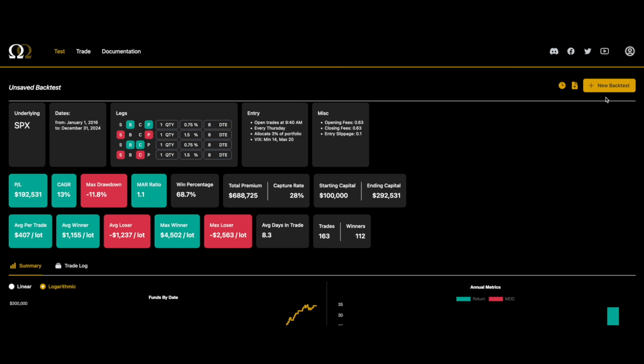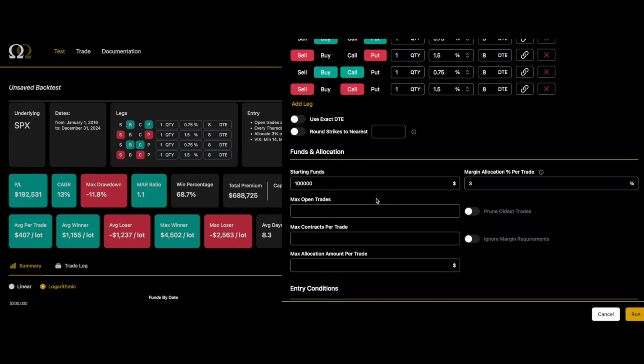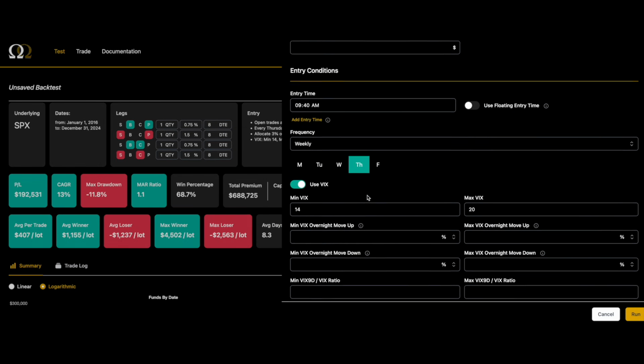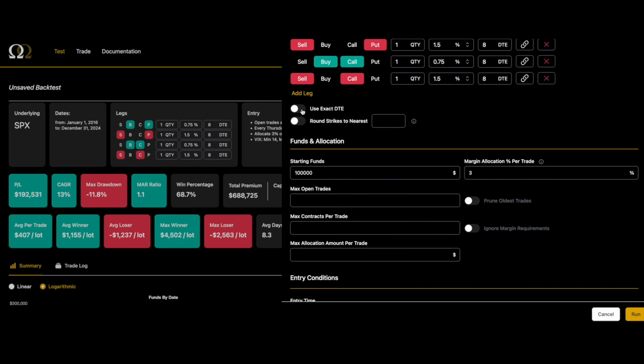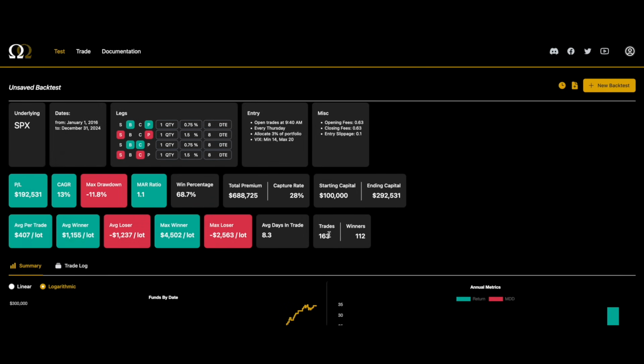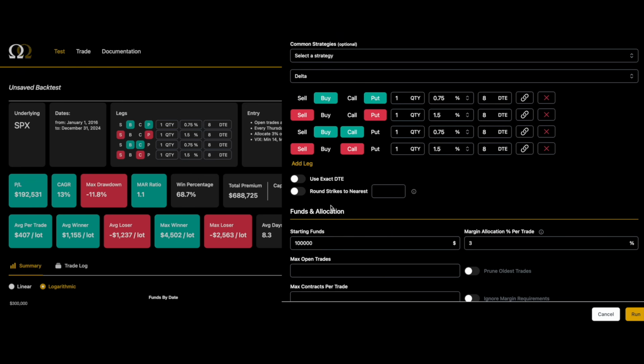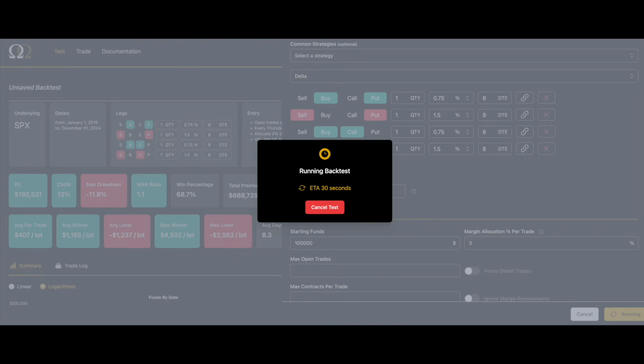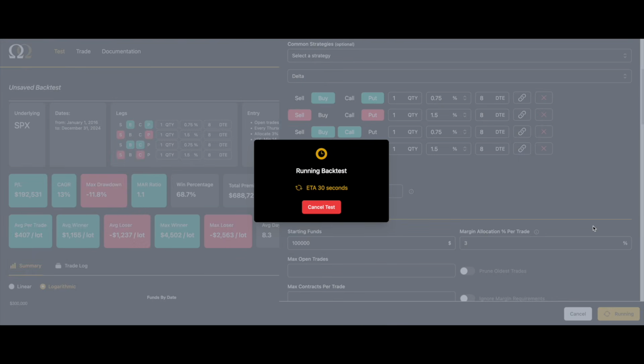The reason the average days in trade is higher than 8 is there are probably some holidays and stuff in here. I mean, we can turn exact DTE on and rerun it. It's got 163 trades now. But this is the kind of trade where you may leave exact DTE off. A lot of people aren't super worried about a holiday for a trade like this.